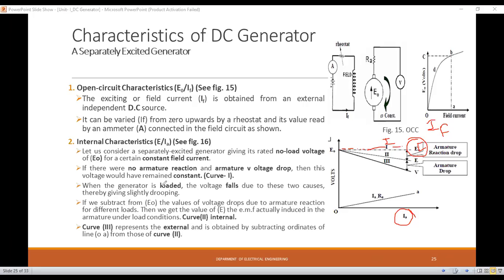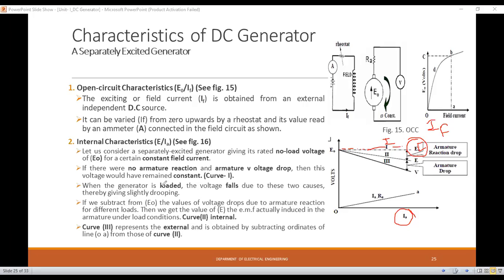Now, if there were no armature reaction, then it will show that the load on the generator can be increased. Now when the generator is loaded, at that situation the armature reaction drop should be taken into account. We have already discussed that when the generator is loaded, armature reaction will happen.